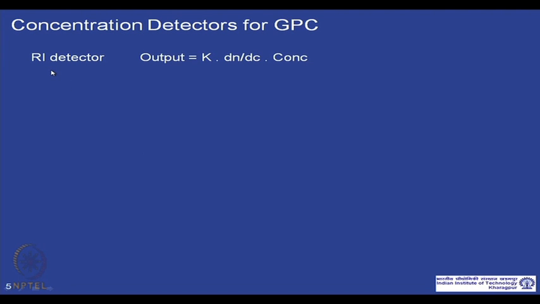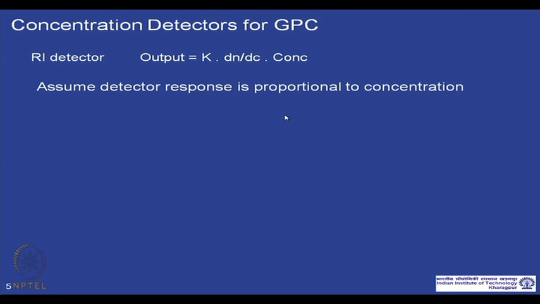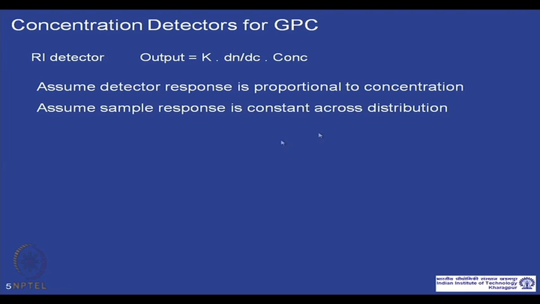If, for example, you take an RI detector, then the detection signal is proportional to the concentration. Typically, we use a concentration detector. So, the output signal in this detector is proportional to the concentration, if you assume that the detector response is proportional to the concentration in the range we are working, and that this response does not depend on molecular weight.